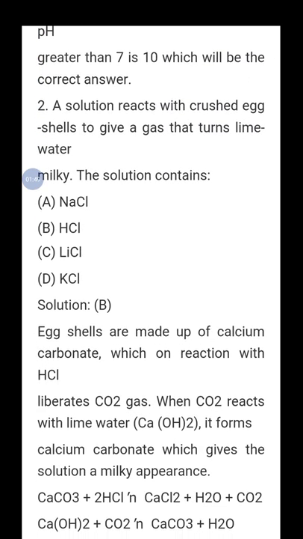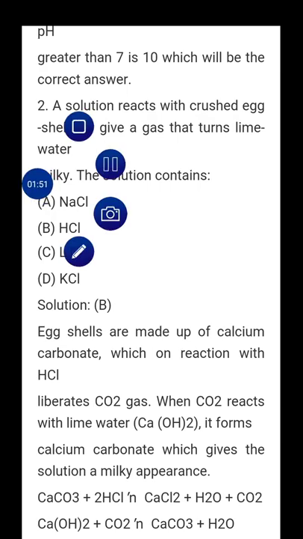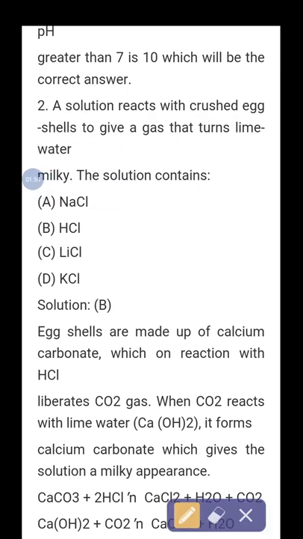Question number 2: A solution reacts with crushed egg shells to give a gas that turns lime water milky.